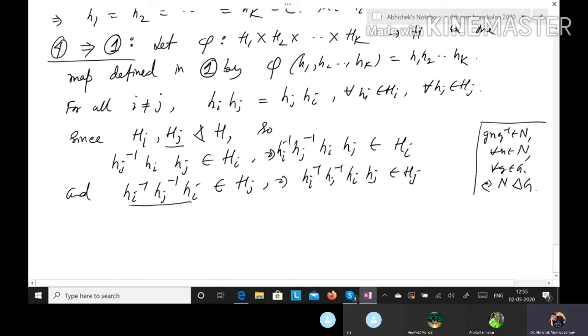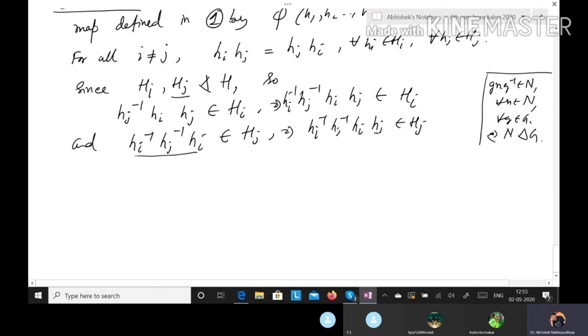Since Hi and Hj are both normal subgroups, this will happen. Together they imply that the element hi inverse hj inverse hi hj is common to Hi and Hj.